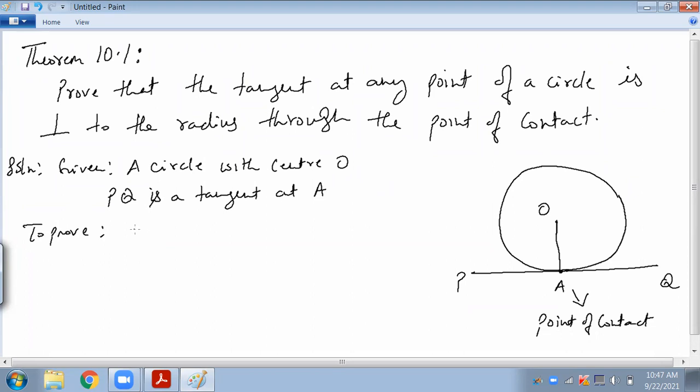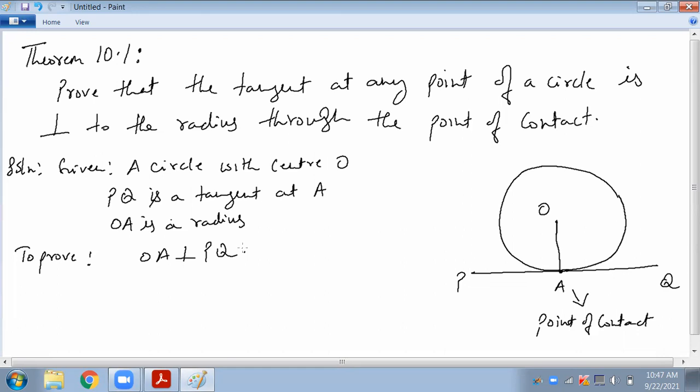The radius, we'll mention the radius also. OA is the radius. To prove: OA is perpendicular to PQ. Write this, and then just raise a hand because I need to rub it.